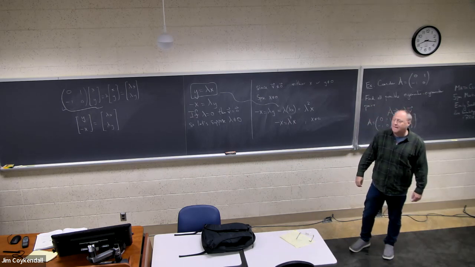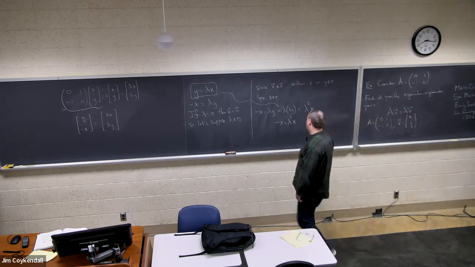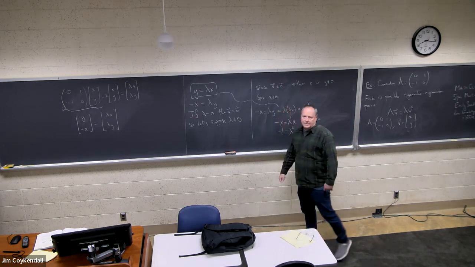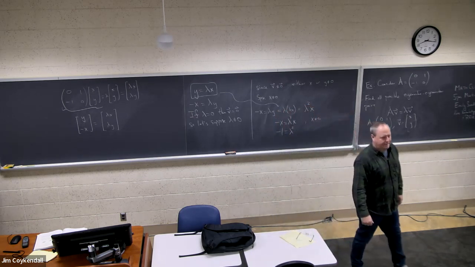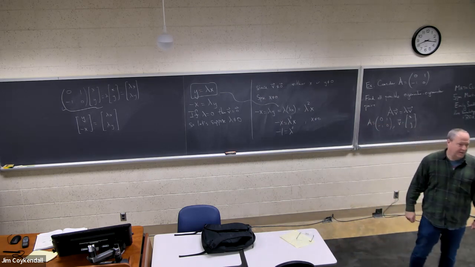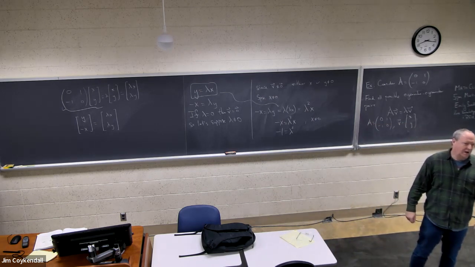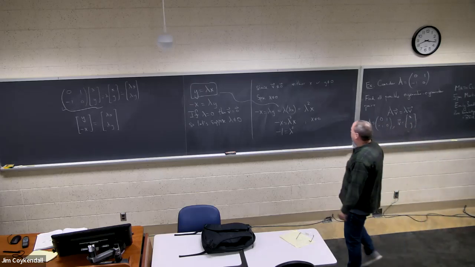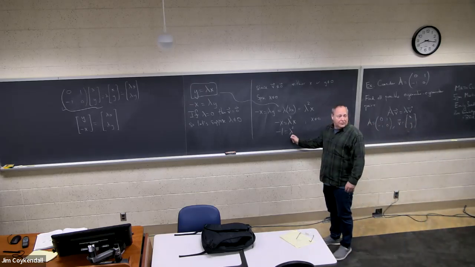Yes, divide by x. And I do that. Everybody agree? What does the eigenvalue have to be then? It has to be i or negative i, right? And that's not a real number. So if you want to restrict yourself to real matrices, this is impossible, right? Everybody agree with that?